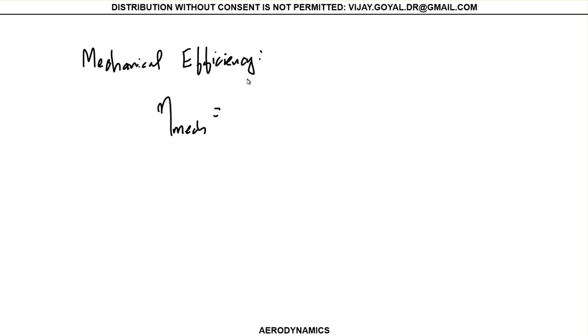One we call the mechanical efficiency. And this is very important, especially when you're doing turbine engine analysis. So the mechanical efficiency is important and is given by E mechanical out divided by E mechanical in.